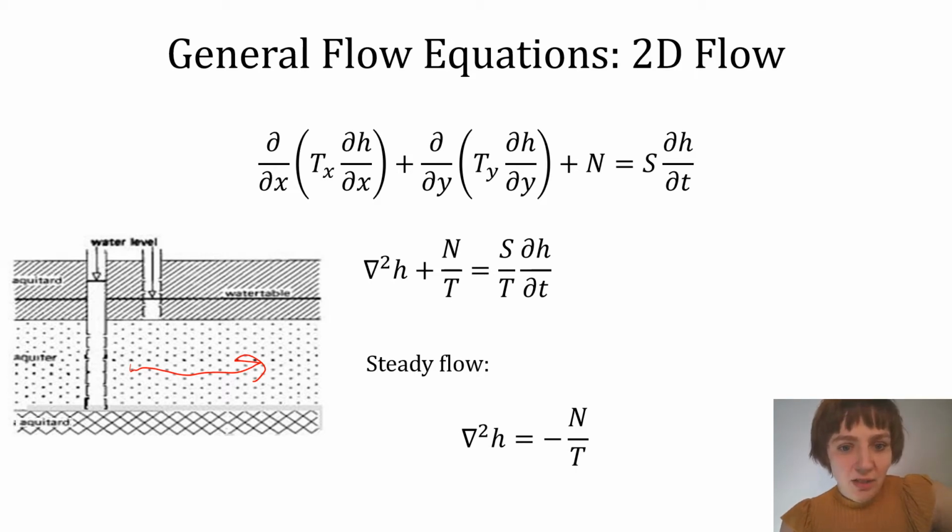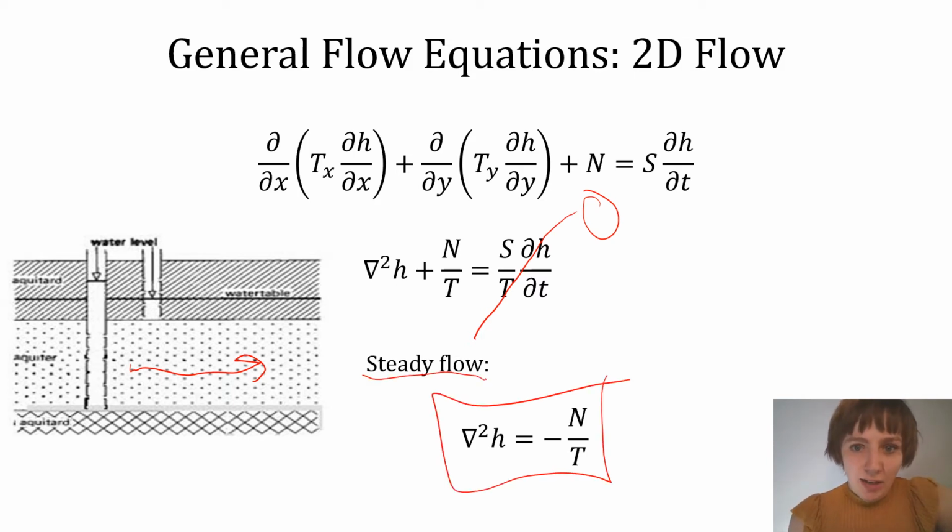There's no change to the potentiometric surface with time. So in that case, this part of the equation does equal 0. And we are describing steady flow like so.